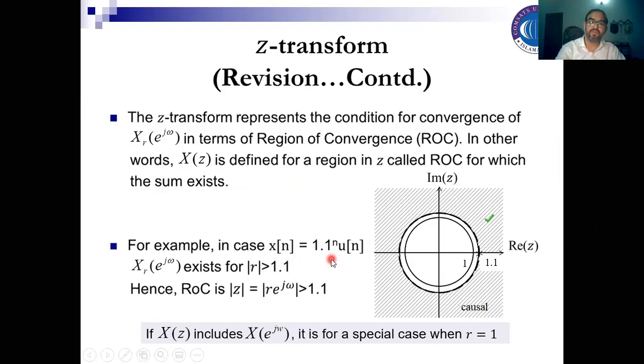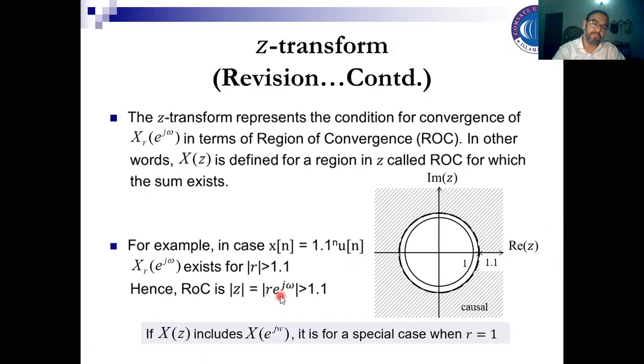An example is this: if you have x of n equal to 1.1 to the power n, u of n, if we see whether its Fourier transform can be taken, it cannot be taken, because in its case the base is 1.1. Its discrete time Fourier transform does not exist, but if you want to take its Z transform, that exists.